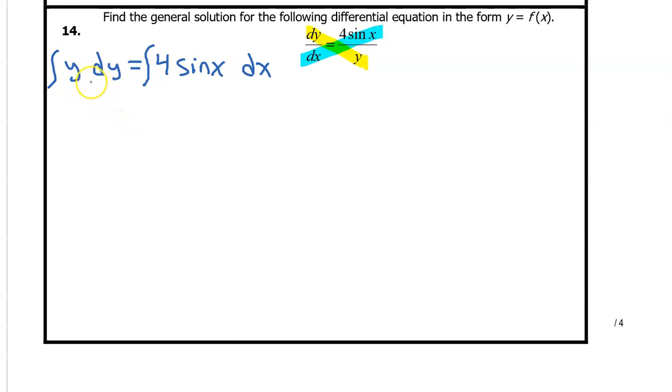The antiderivative of y will be 1/2 y squared. I'll save the c for the other side of the equation. The antiderivative of sine is negative cosine, so I'm going to have negative 4 cosine x plus c.